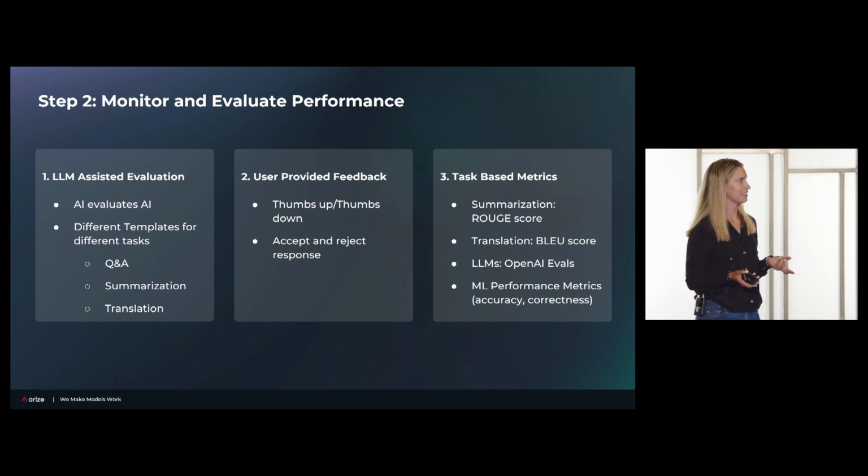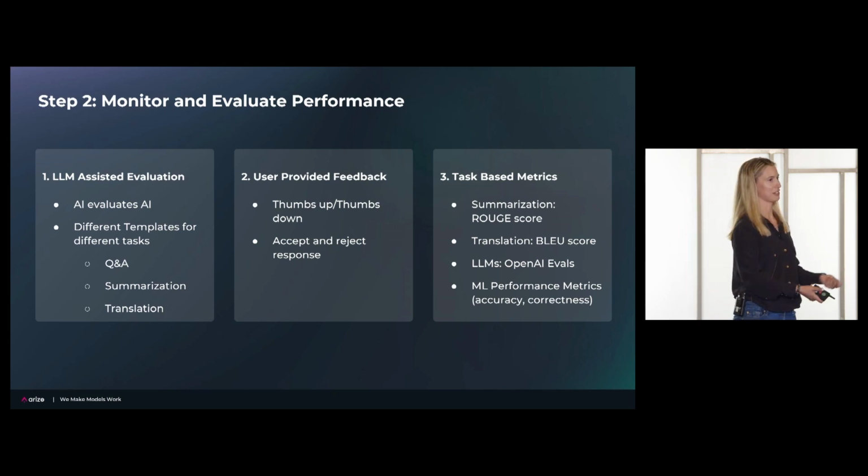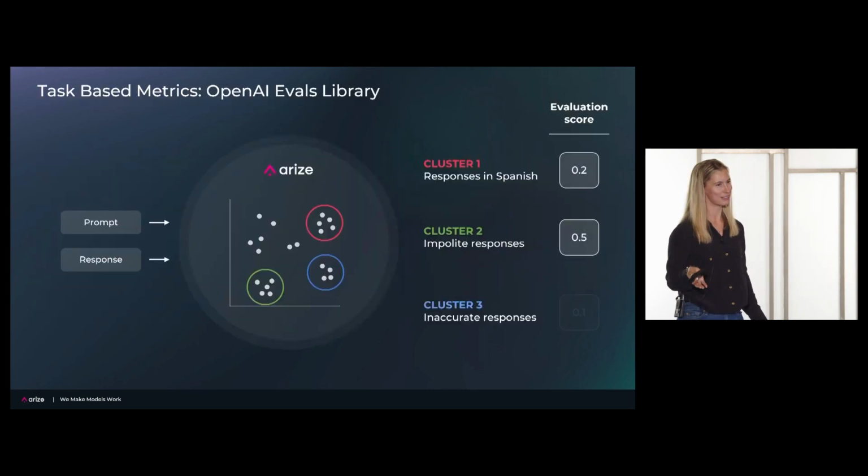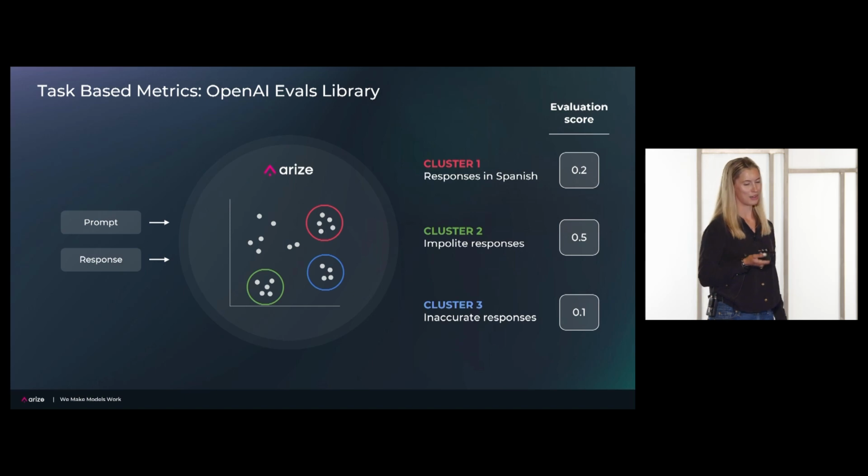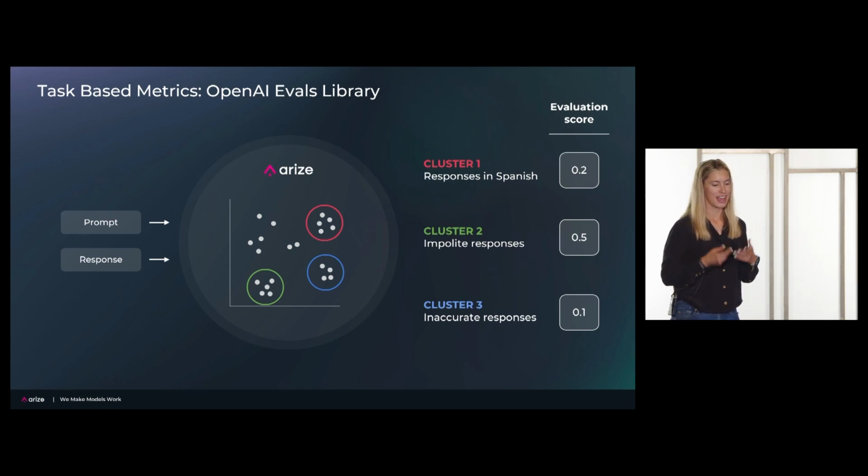And now we're even seeing LLM-assisted evaluations, where these large language models are starting to evaluate other large language models. So the possibilities are just getting wilder and wilder. Now that we've seen we can have prompt and responses, we can create those clusters, we can see what's in those clusters, now we have evaluation scores.